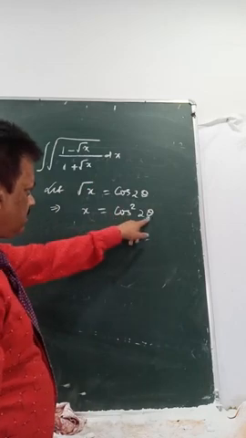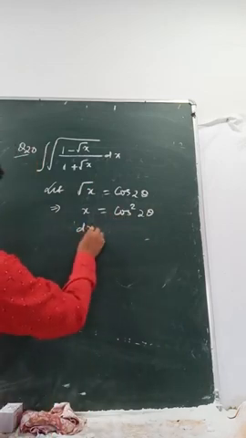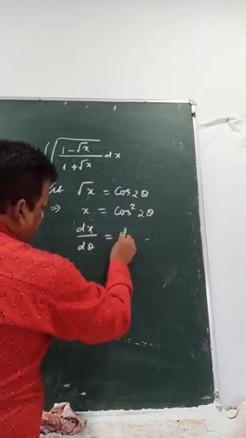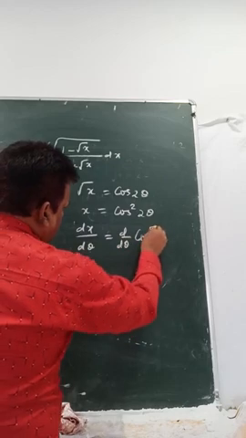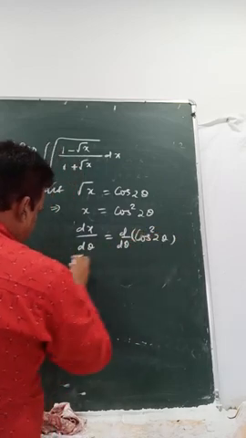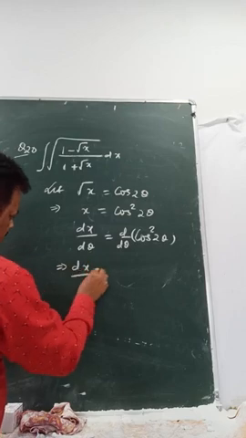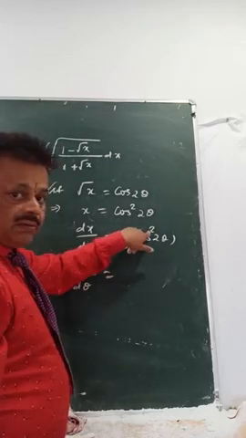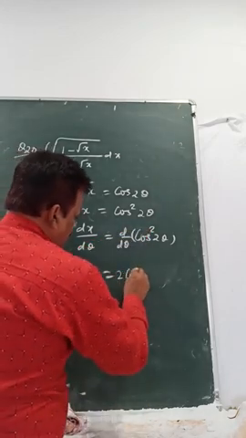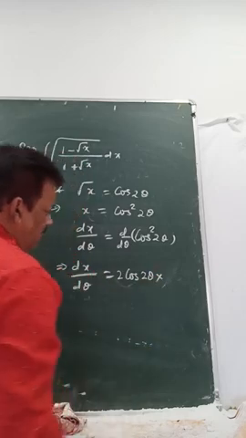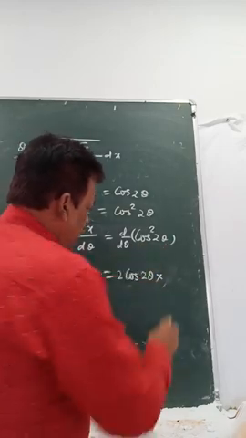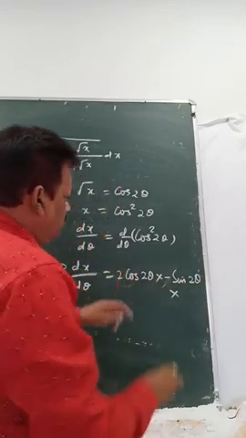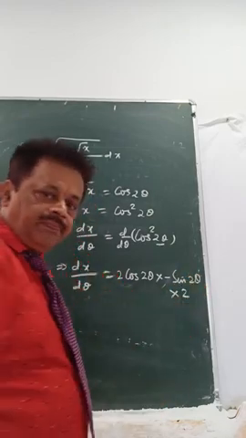So dx by d theta is d by d theta of cos square 2 theta. Look at here. What are you getting? dx by d theta equals 2 cos 2 theta, derivative of base minus sin 2 theta, into the derivative of 2 theta, which is 2.